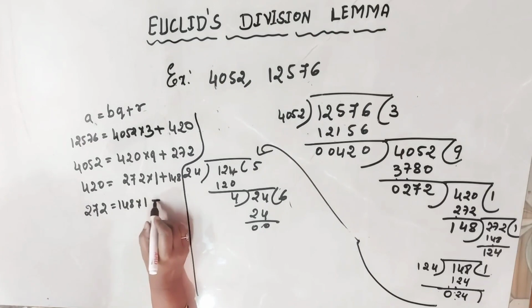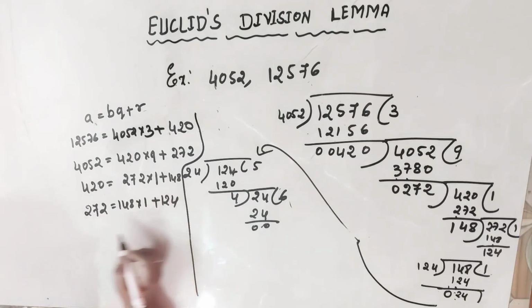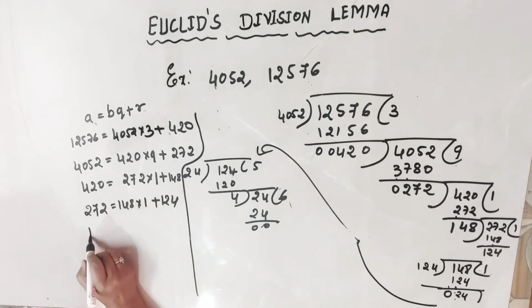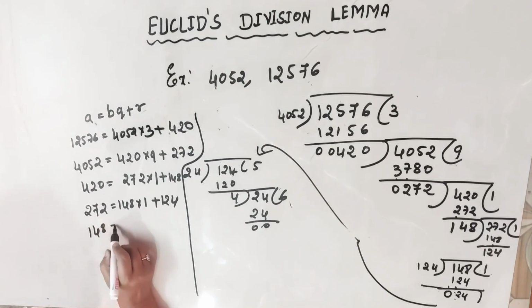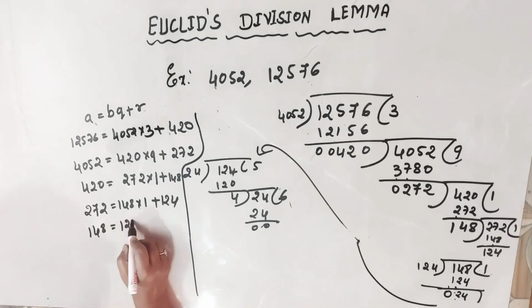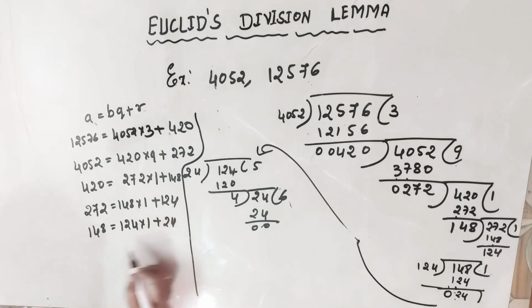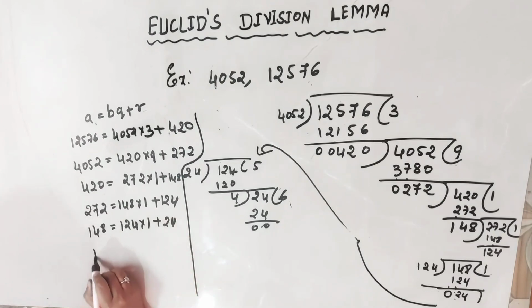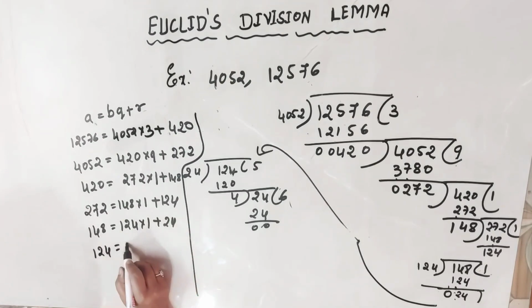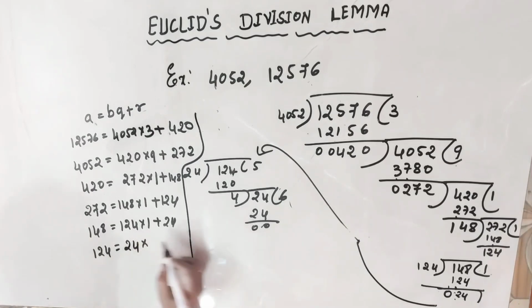And what will be the remainder? 124 is the remainder. Now 148 will become the dividend and 124 is the divisor. And what will be the quotient? 1. Then what will be the remainder now here? 24. Okay. Now 124 will become the dividend. Here this 24 is the divisor.